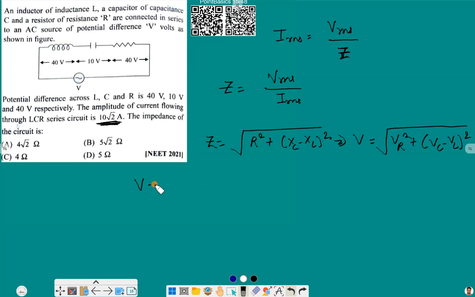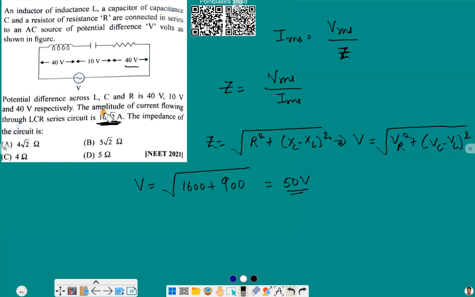So net potential will be, potential across resistance, that is 40 volts, square, that will be 1600. Now VC minus VL, 10 minus 40, that will be minus 30, square of that will be 900, and under root will give us 50 volts. So value of the EMF will be 50 volts.